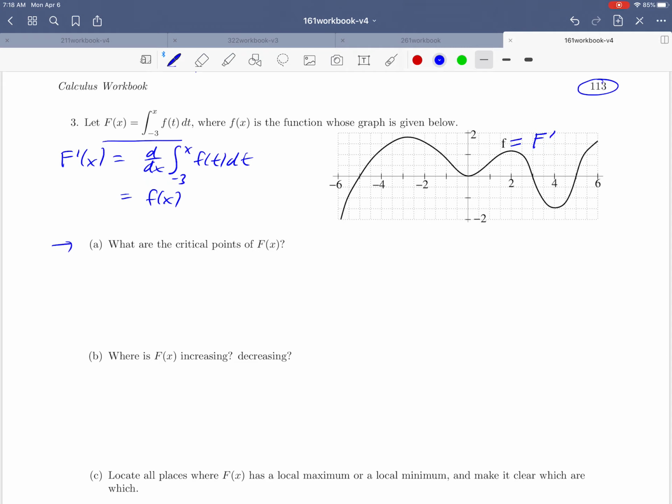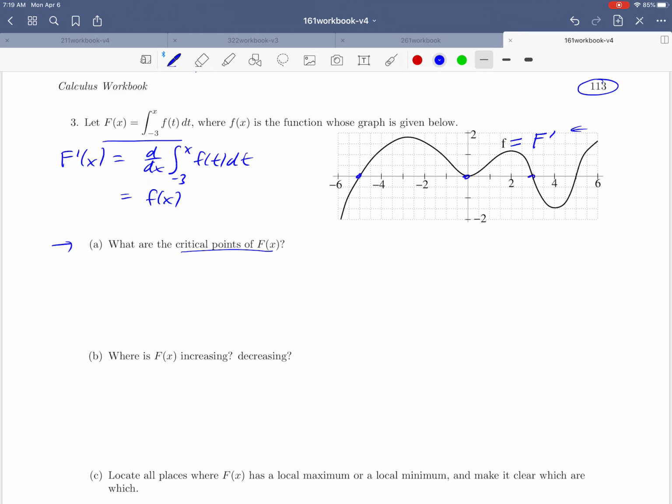It asks us for the critical points of capital F, and remember that a critical point is a place where the derivative is equal to 0. Okay? So we've got a graph of the derivative of capital F, so the question is, where is that graph equal to 0?